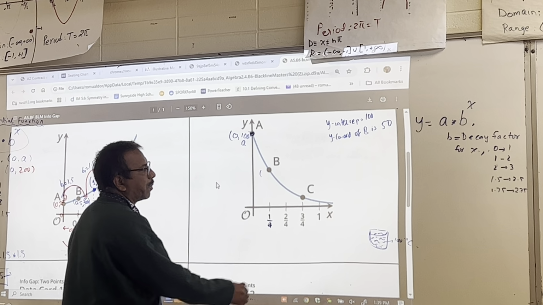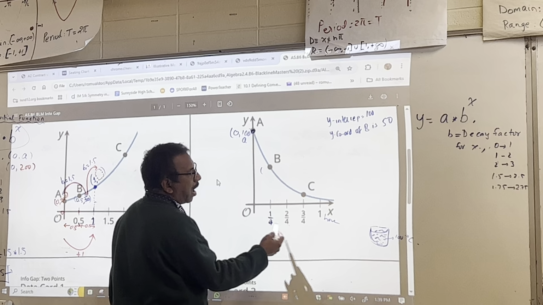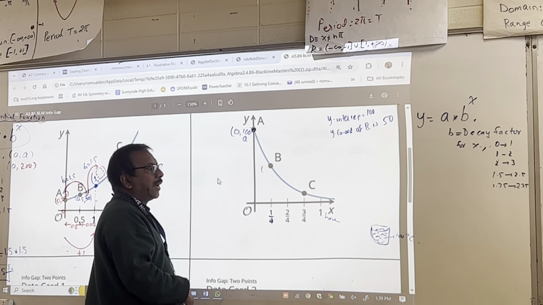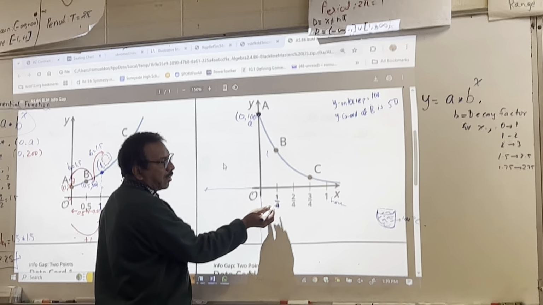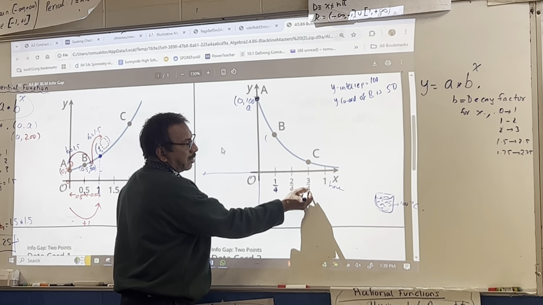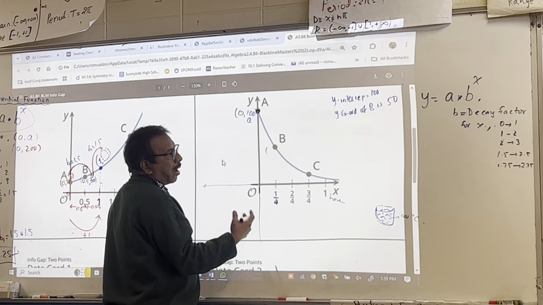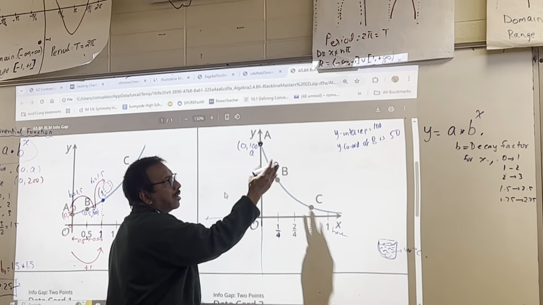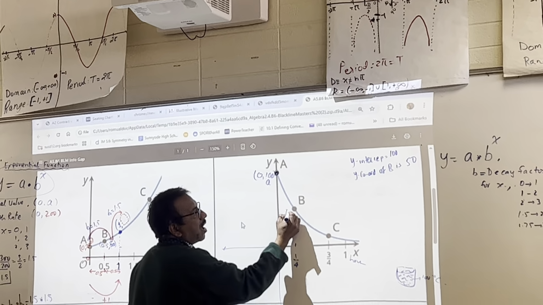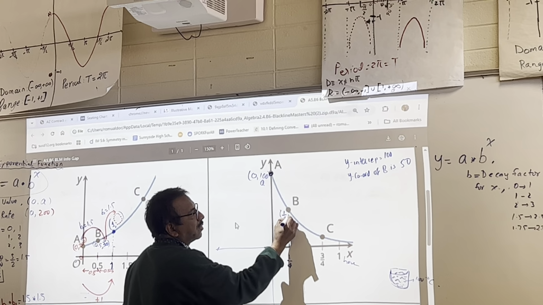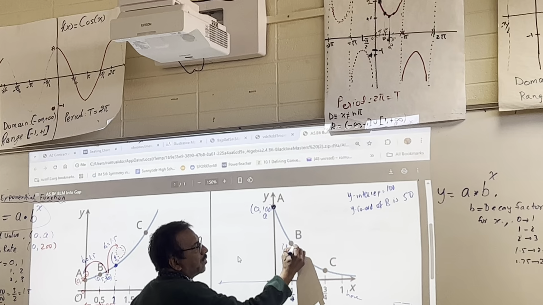You want to know what happens in 1 hour, how the temperature goes on decreasing. You can see every quarter of an hour, half hour, 3/4 of an hour, how the temperature behaves. And the problem says, hey, in 1/4 the temperature goes down by how much? It's given to you as 50.